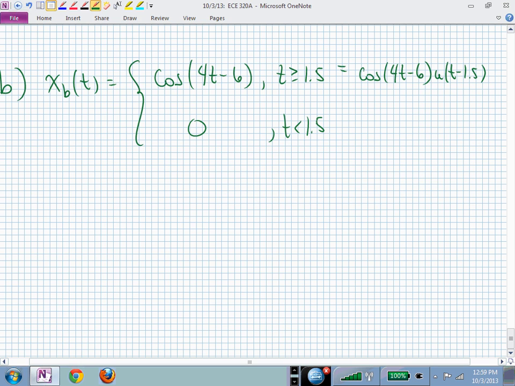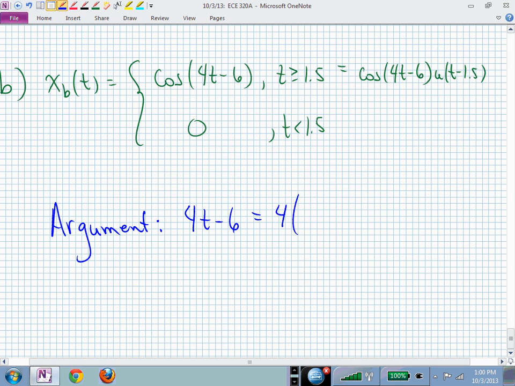The switch is happening at 1.5. So we now need to figure out, can we write that cosine expression as some cosine that's delayed by 1.5 seconds? So if we look at the argument of the cosine, this is now 4.